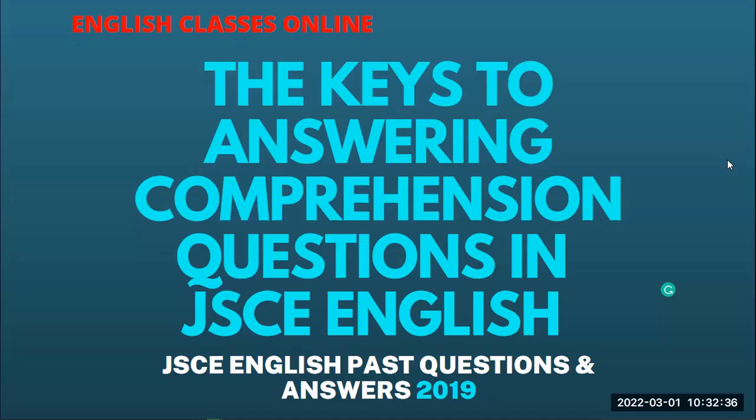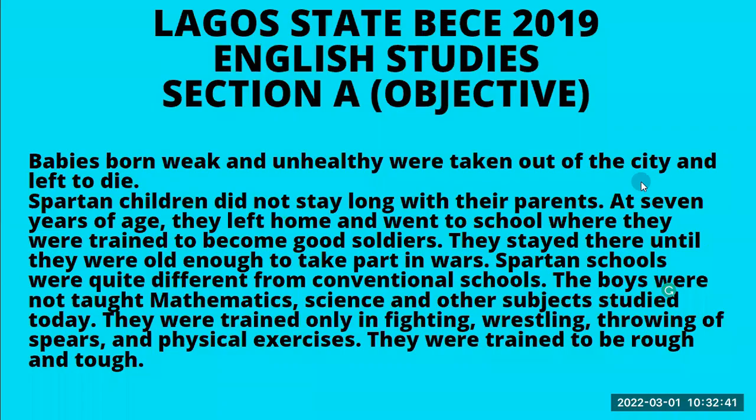Having said this, let's dive into the lesson right away. Now we are going to look at a comprehension passage, and the questions that follow, in the Lagos State Basic Education Certificate Examination of 2019, English Studies, Section A objective.